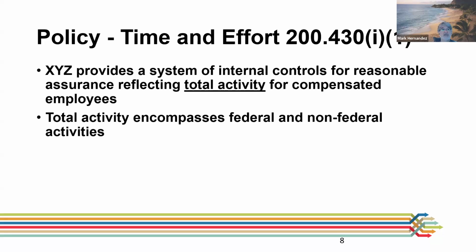That's a broad statement, but that's where we want to go. And then the total activities should encompass both federal and non-federal activities. So it's either restricted funds and non-restricted funds. Everything that employee is doing for the work and getting compensated for should be captured in there.